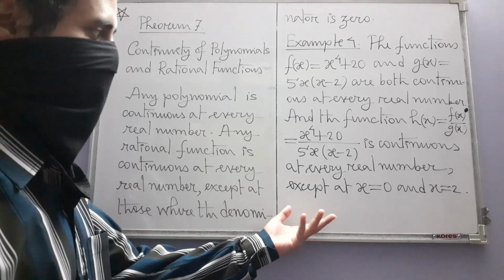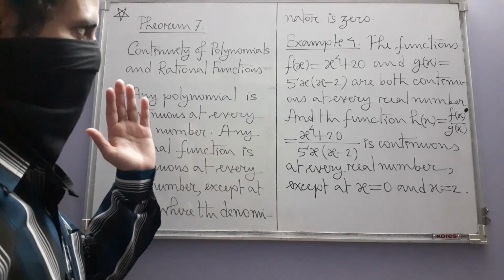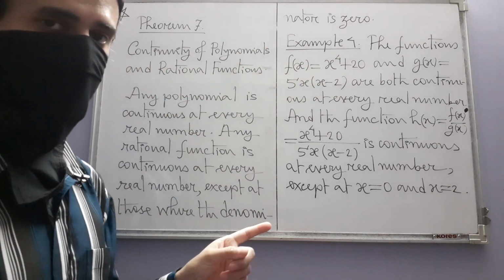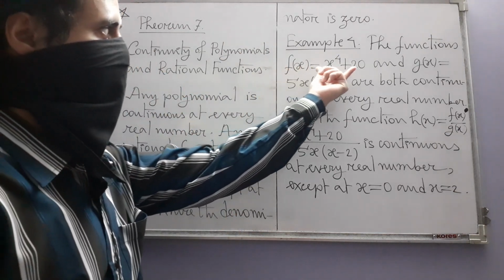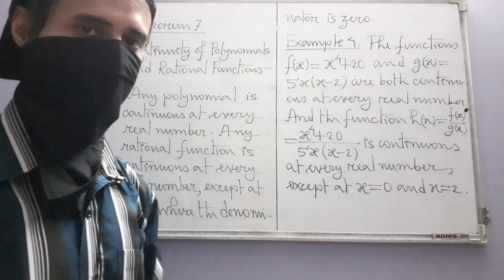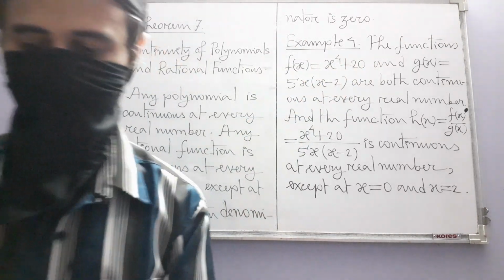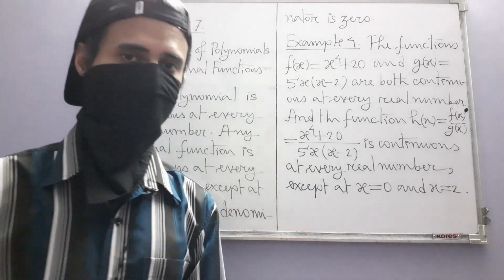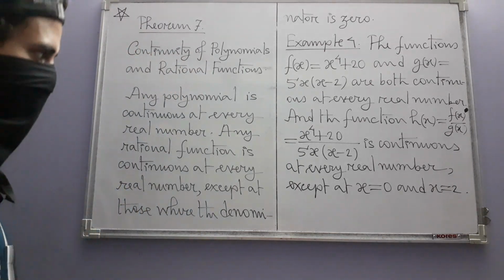Now before we leave this example, let us see how we can use theorem 6 to conclude that, say, this particular polynomial function is continuous, and from that we will understand how any polynomial function is continuous everywhere.